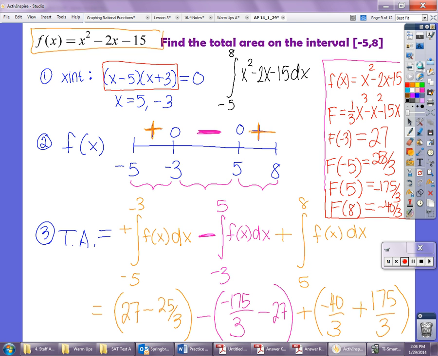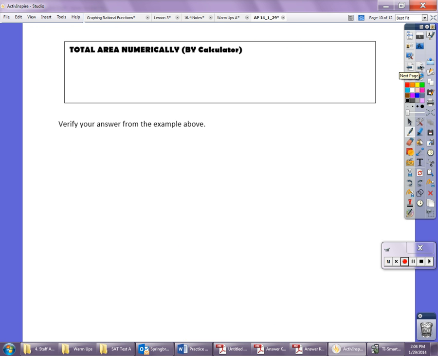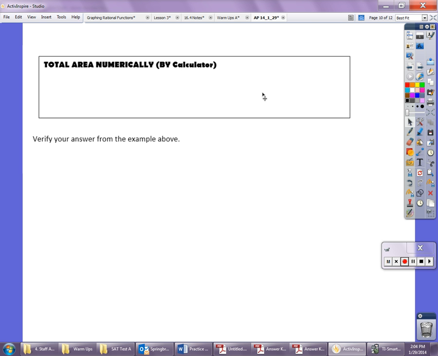Also, just a reminder, when you're doing your total area by calculator, for that question, I would find the fnint, which is Math 9.